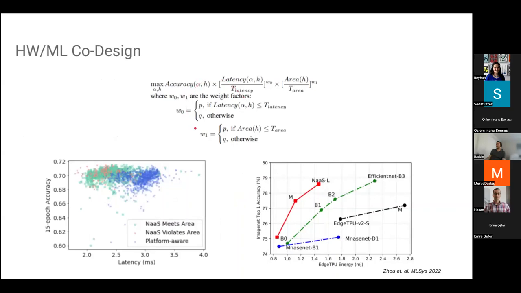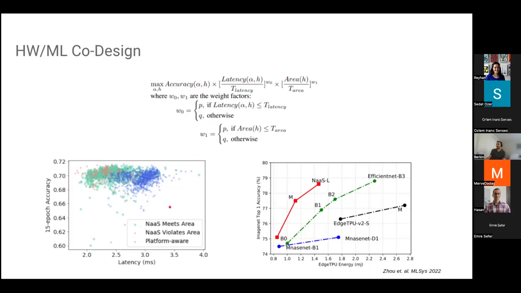Overall, what we're trying to do is maximize the accuracy times the latency times the area. Our goal is accuracy, but we have two costs: one is latency, one is area, as we change the hardware architecture.